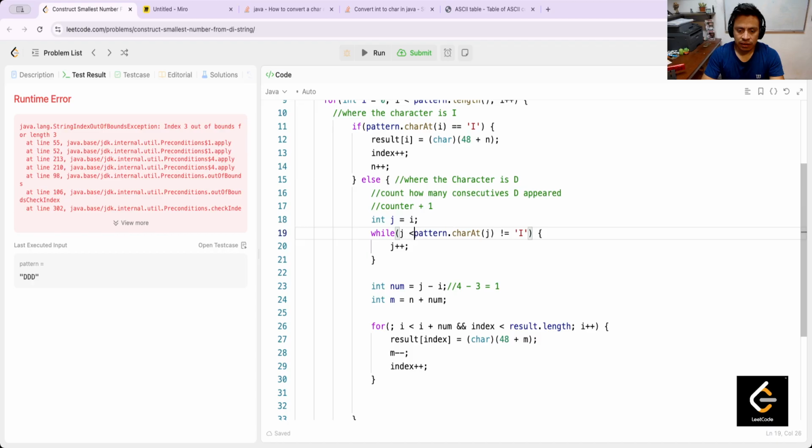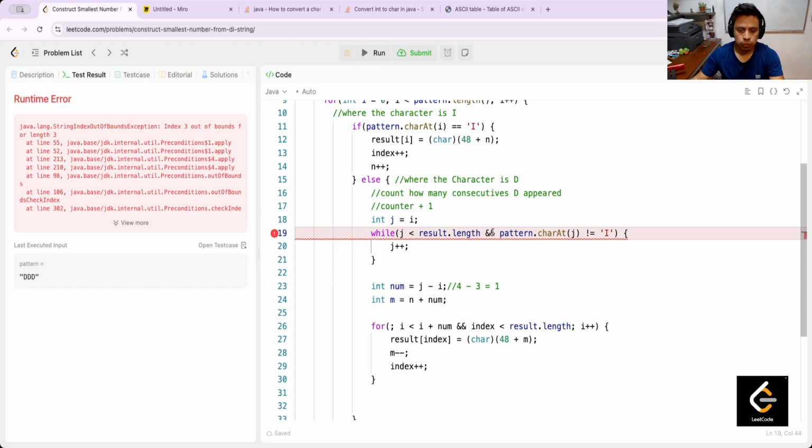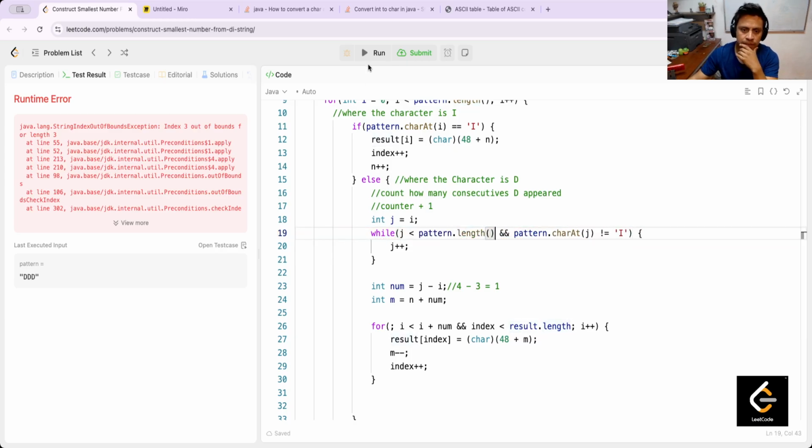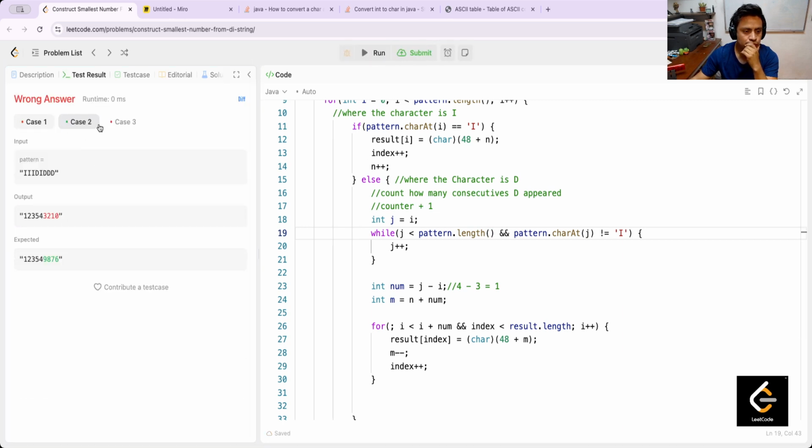This is minor that result. Because I am using the, here is working 3, 2, 1, 0.